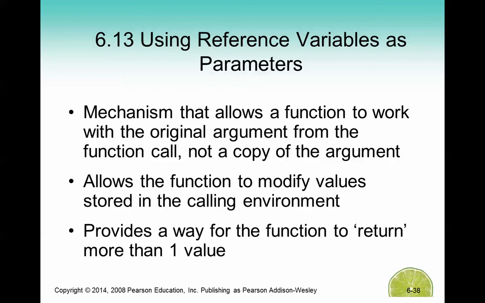And when it receives those values in the header of the function, it's called the parameters. So when we move that value, we're saying that we're moving it, or we're sending it by value. When we use reference variables, we're sending it as the address, not as the value, but as the address.